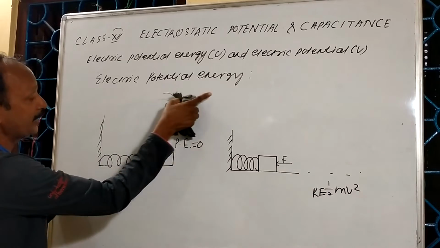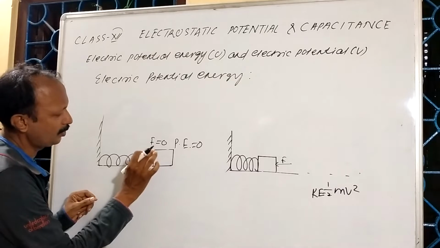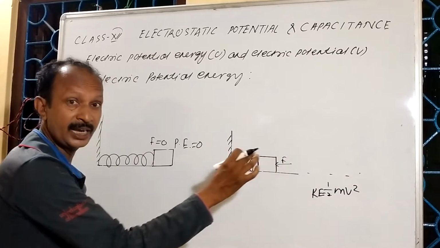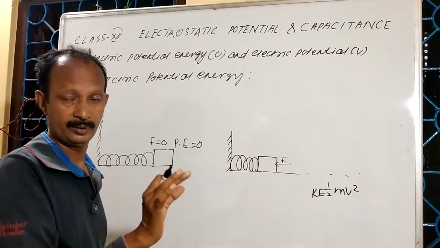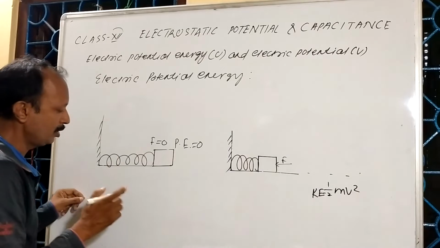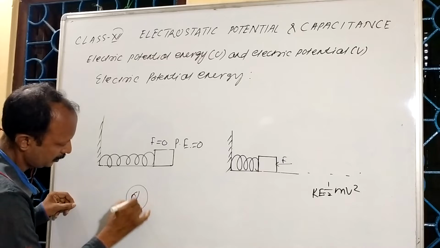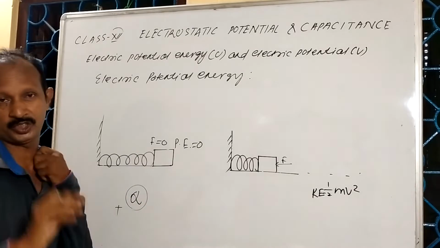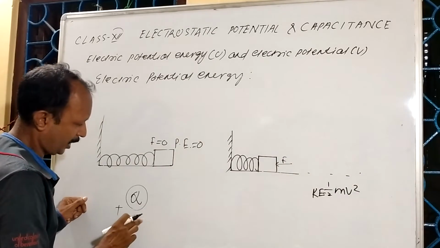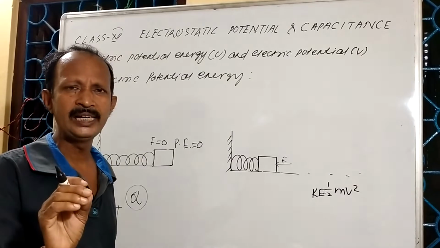So what is electric potential energy? Now listen carefully. In the spring case, the applied force is 0, but here the force applied is F. Now suppose this is a charge, a source charge. If this is a source charge, then definitely an electric field will be there surrounding it.